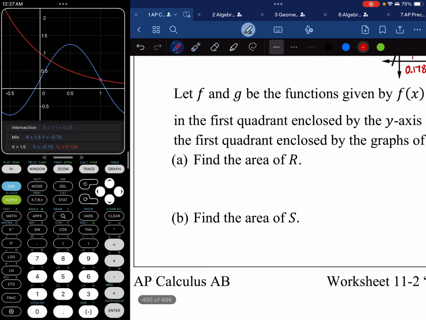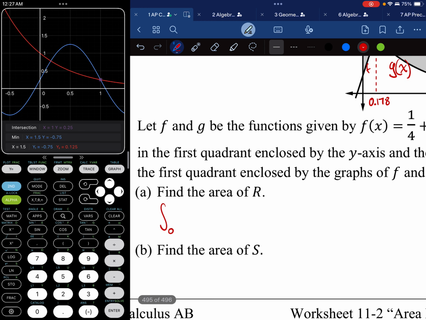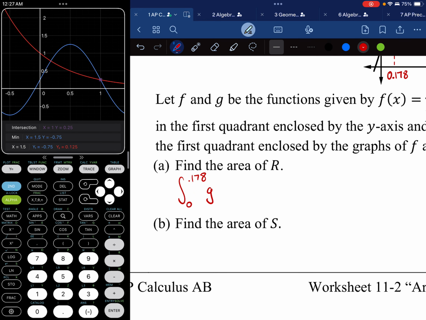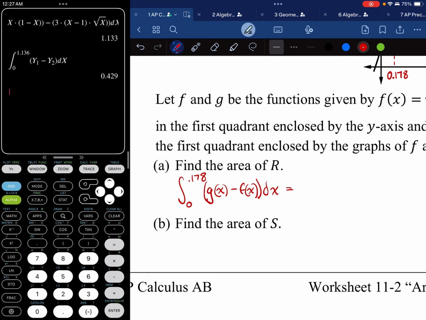So R is going to be the integral from 0 to that first intersection of 0.178 of, again, g is on the top, so I'm going to say g of x minus f of x. Technically, all of that stuff is dx'd. And type this in. So second mode to get out of here.